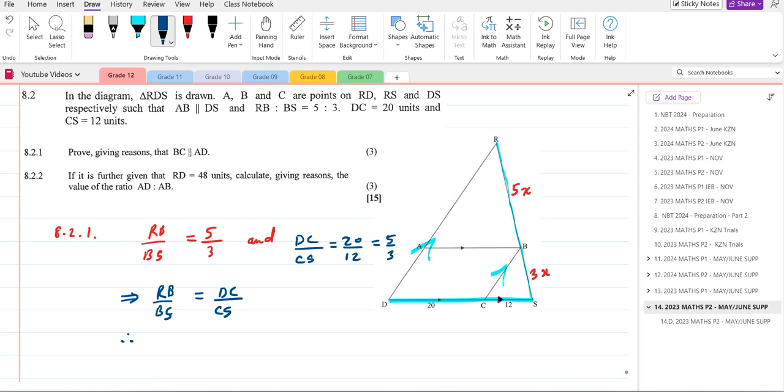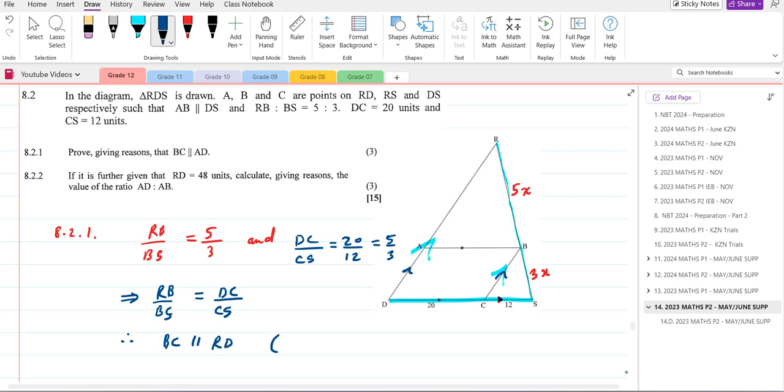Therefore we have BC, which is parallel. Then we can say that these are parallel lines. Now we have a parallelogram. Therefore BC is now parallel to AD. Should say BC is parallel to RD.